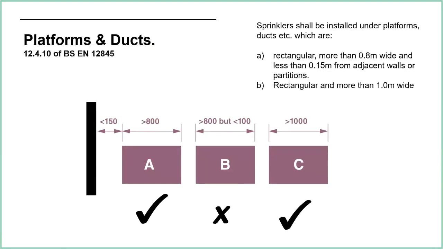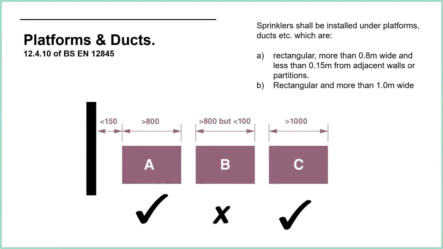So what I would say to you is that if it is smaller than 800, then it will not require sprinkler protection underneath in any circumstance. If it's greater than 1 meter wide, then it will require sprinkler protection underneath in all circumstances.